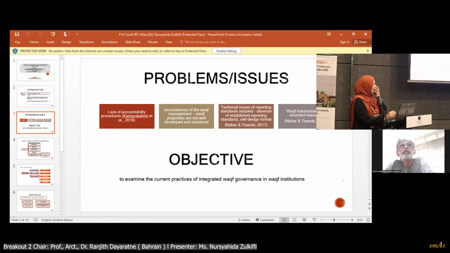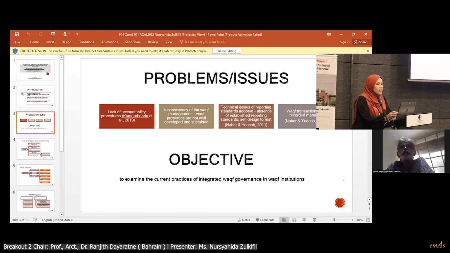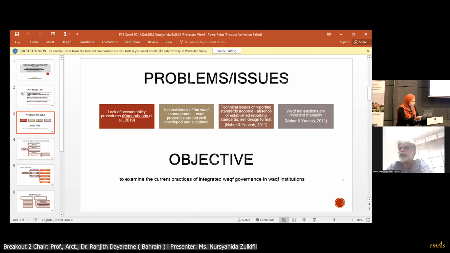But according to the literature, there are several problems faced in wakaf governance. The first is a lack of accountability procedure, referring to poor management, a lack of accounting regulation, and also lack of awareness.